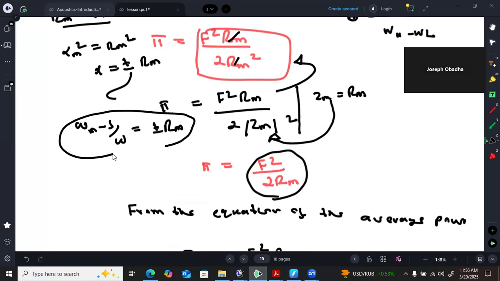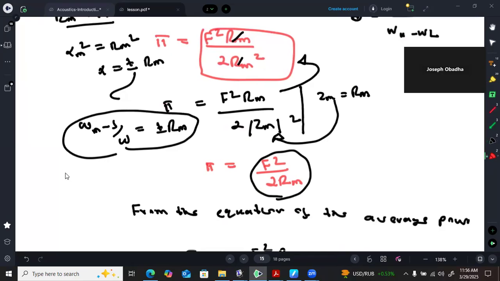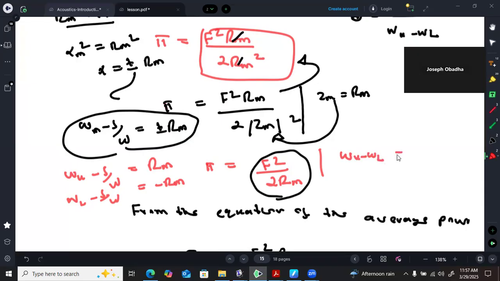This means the upper frequency omega u minus S over omega will correspond to the positive one, and the lower frequency omega L minus S over omega will correspond to the negative one. Therefore we are able to solve for omega u minus omega L equal to Rm over m.